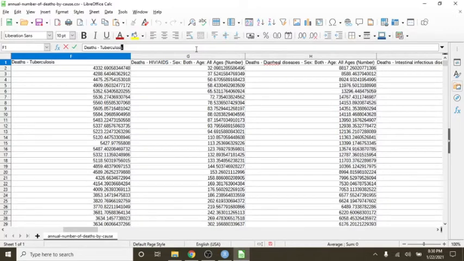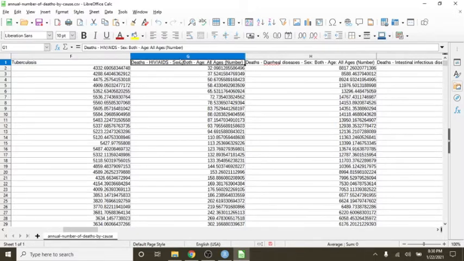Plus, we know it's all ages and all sexes, so we don't need those columns. We know it's all deaths.